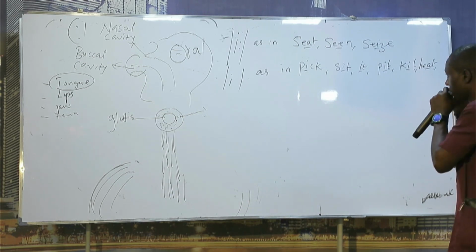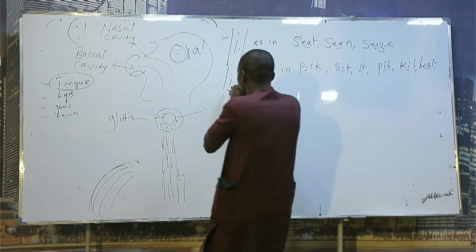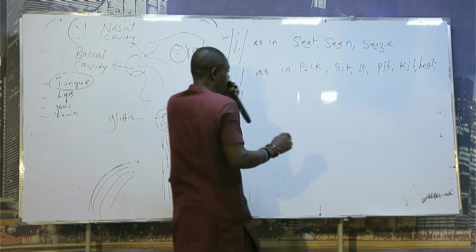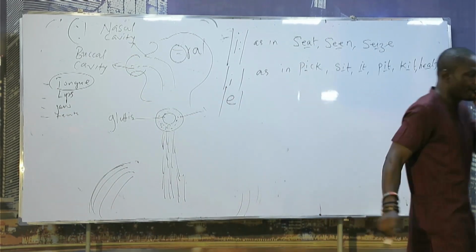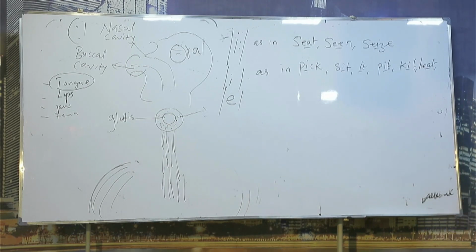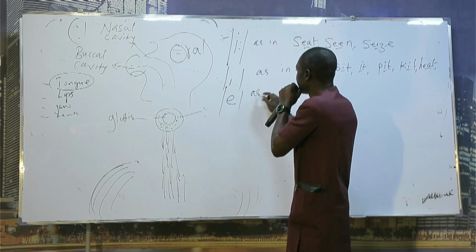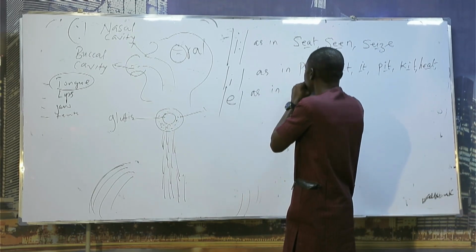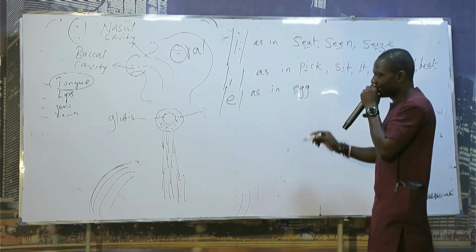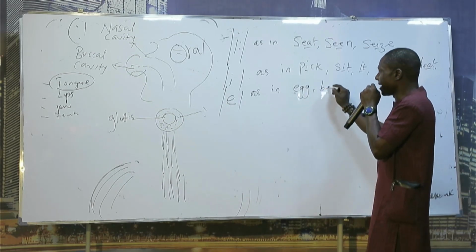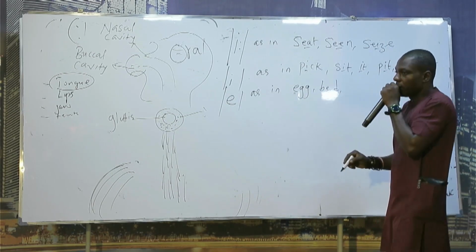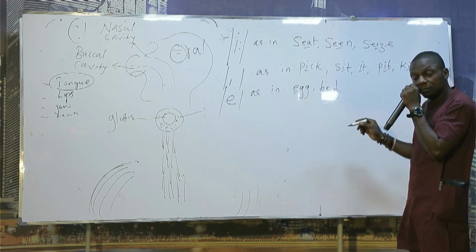Are you there? Okay. Number 3 all over the world is this sound. Pronounce it, everyone. Just like the letter E, as in egg. Bed. Okay? And then what again?